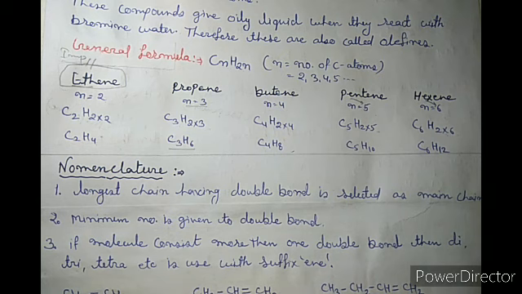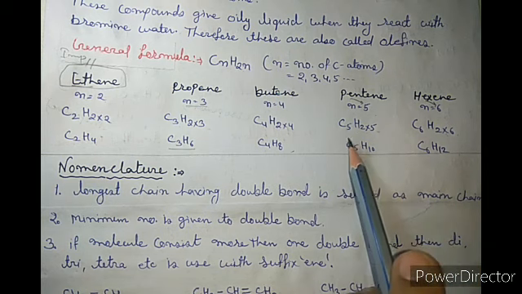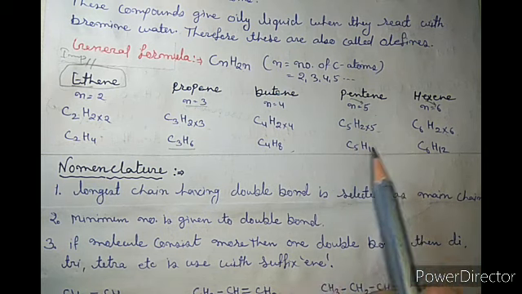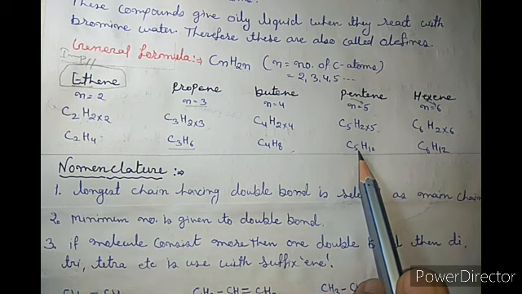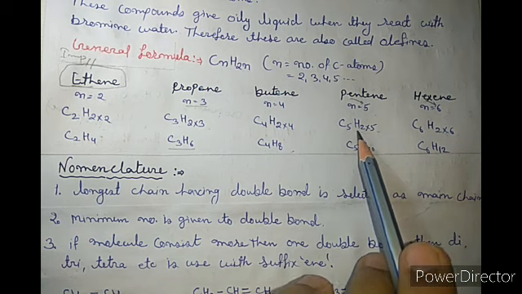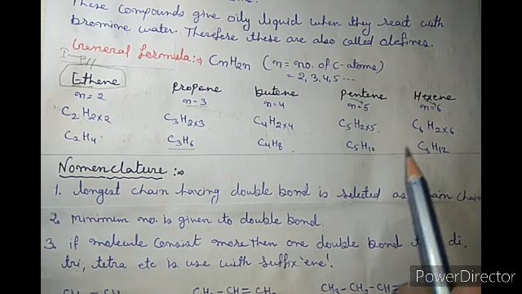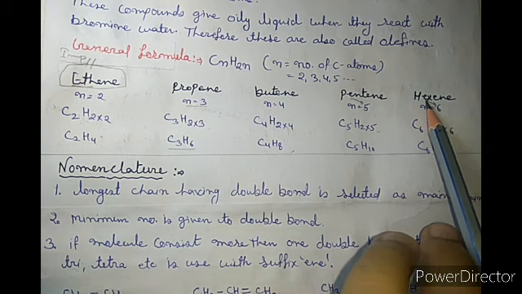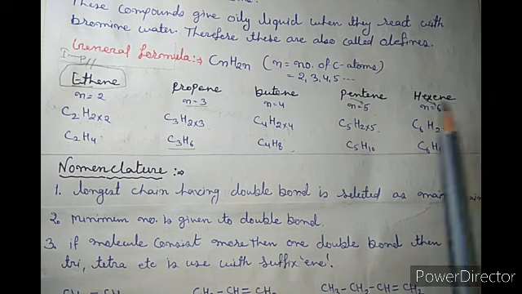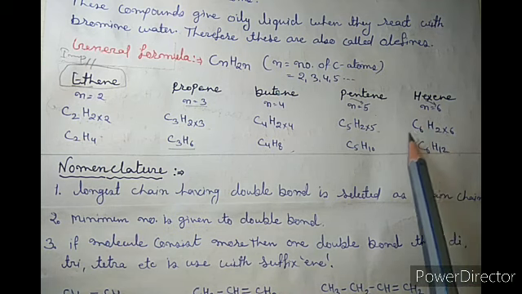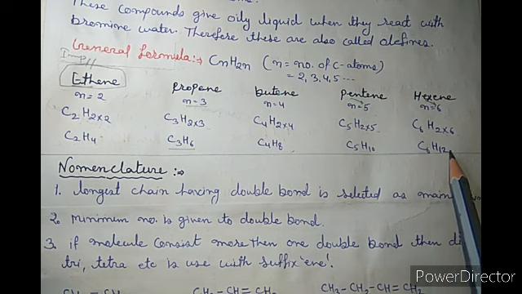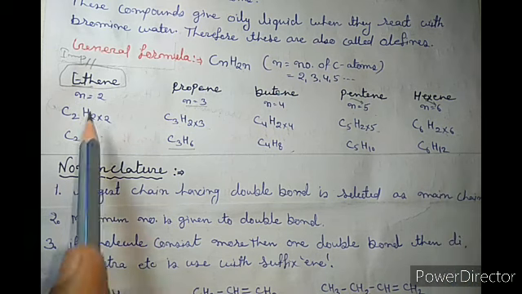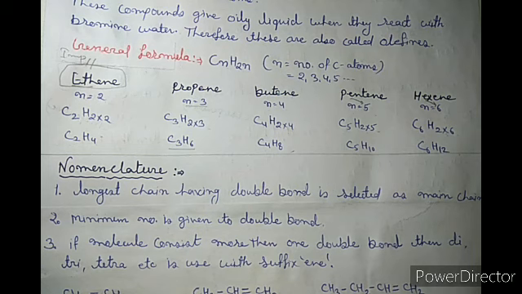Pent, n value is 5, so it becomes C5H2 into 5, that is C5H10. Next is hexene. Hex means n is 6, so it becomes C6H12. Got it? So these are the first members of this series.